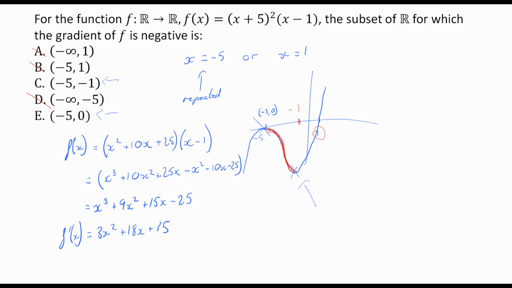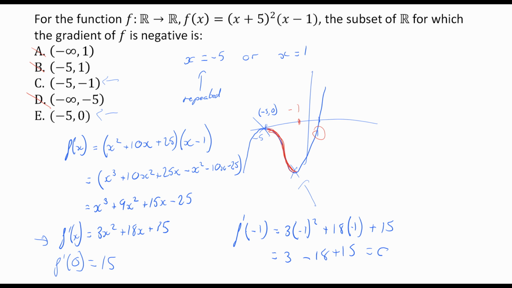Now we can pretty much see that if we subbed in x equals 0, the gradient here would turn into 15. So if we were to sub in x equals 0, then you would know that the gradient equals 15. But if you were to sub in -1, you would have 3 times -1 squared plus 18 times -1 plus 15, which would give you 3 minus 18 plus 15, which is equal to 0.